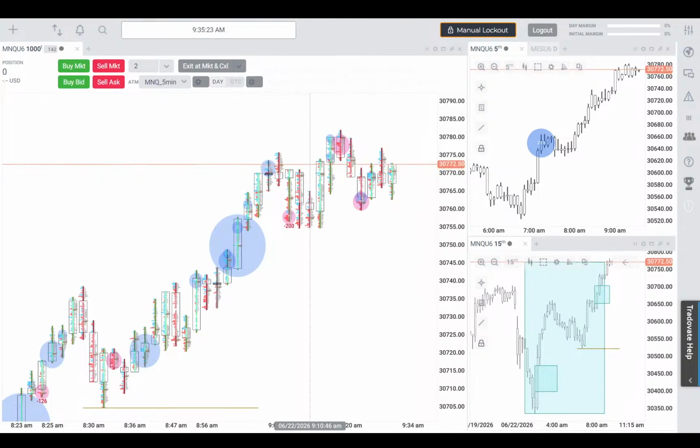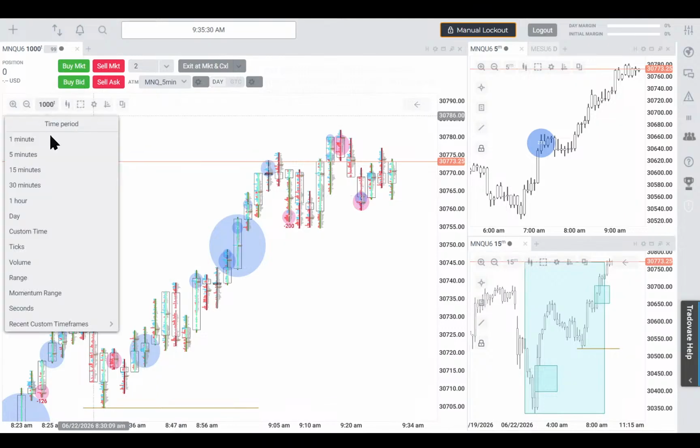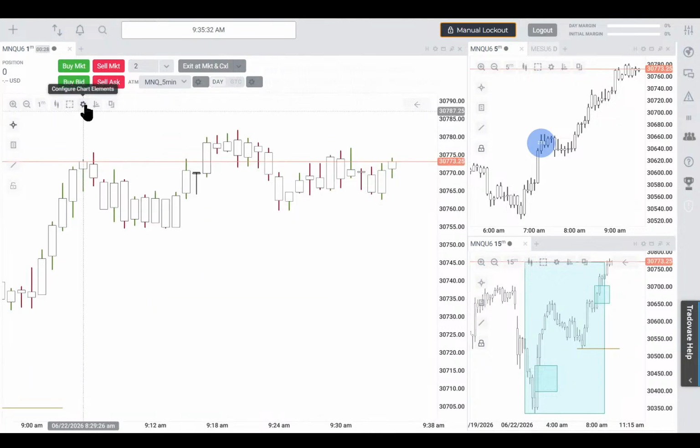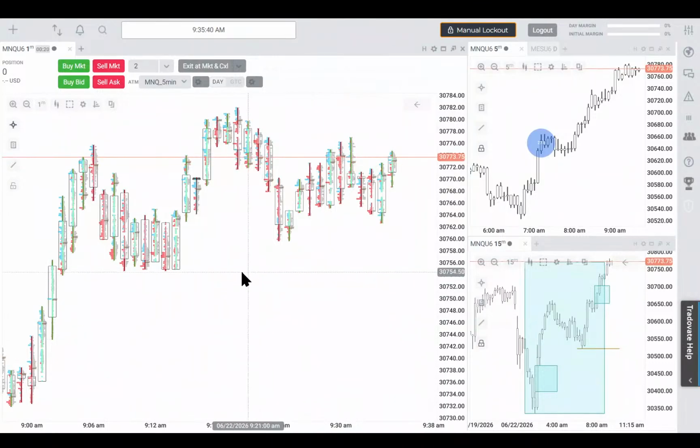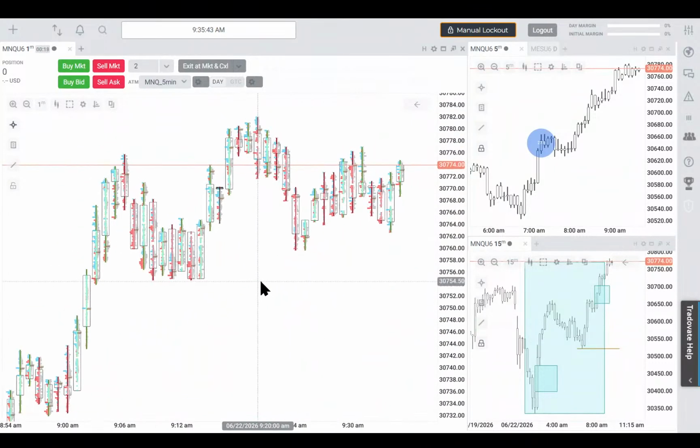Here's a funny thing, right? Let's say I was not using delta and I was on the 1 minute and I was not using the bubbles. On this 1 minute chart, there's a good reason to buy maybe here, or maybe down here, or now maybe here.